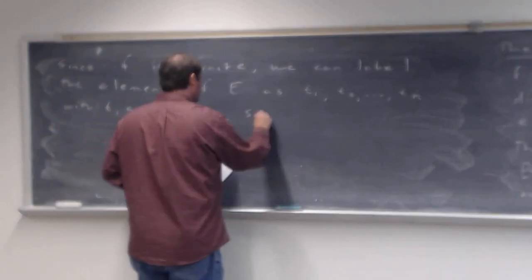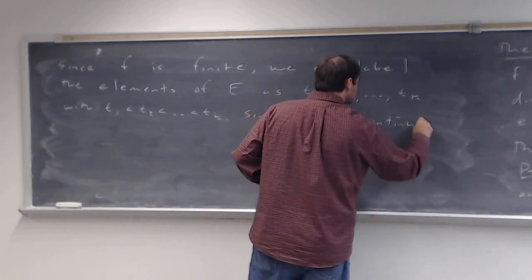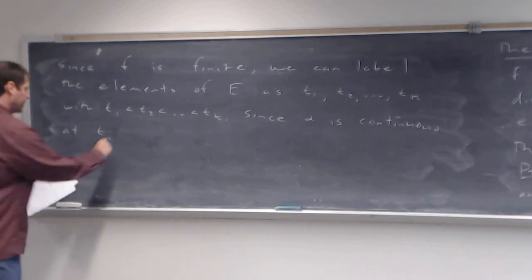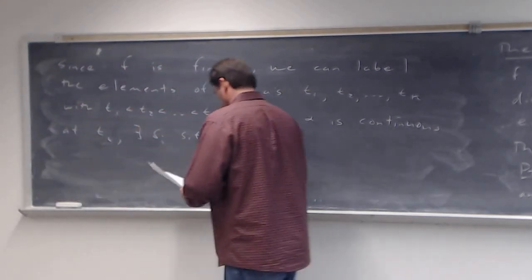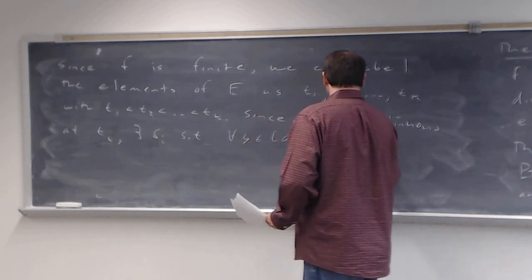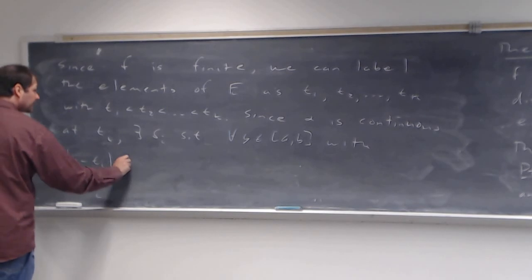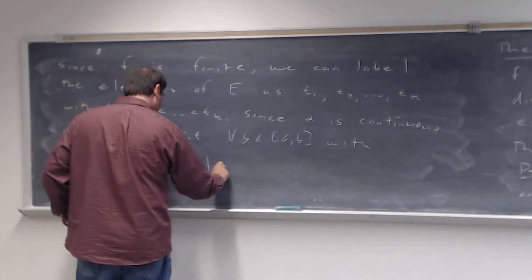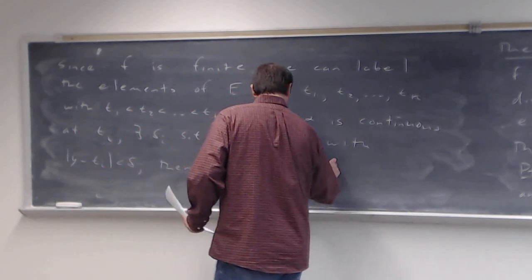Since alpha is continuous at t sub i for each i, then there exists a delta sub i such that for all y an element of [a, b] with the absolute value of y minus t sub i being less than delta, then the absolute value of alpha of y minus alpha of t sub i will be less than epsilon.